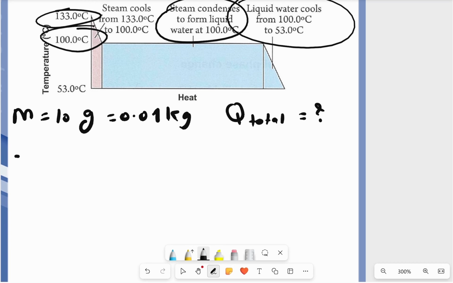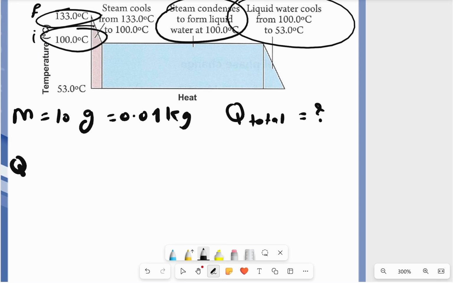We have Q1, because we have two temperatures. We have the final and we have the initial, so we are going to subtract them. When the temperature is constant, we use the equation we just studied, which is latent heat of vaporization and of fusion.